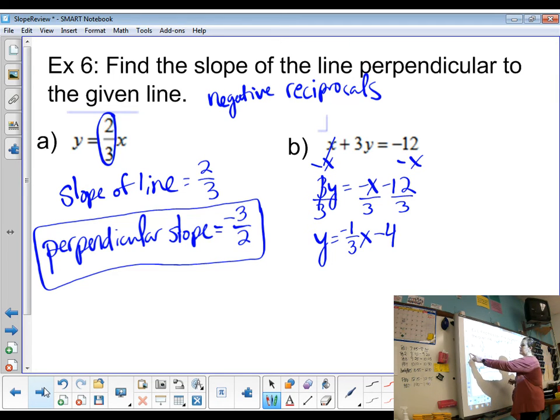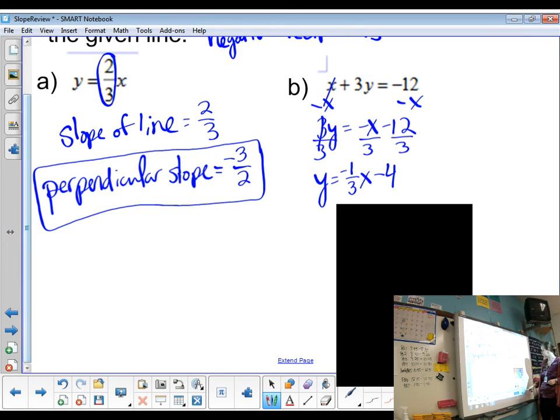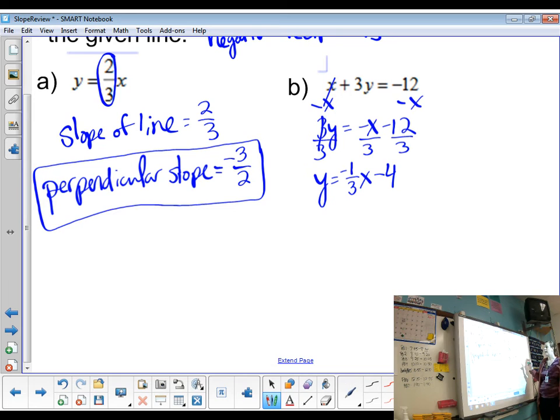And again, I'm just going to scroll a little bit so that you can see the work that we have here. So this is my line. In that m position here, we have negative 1/3. So that means that the slope of the given line is equal to negative 1/3. Now again, this problem was asking us to find the perpendicular slope.